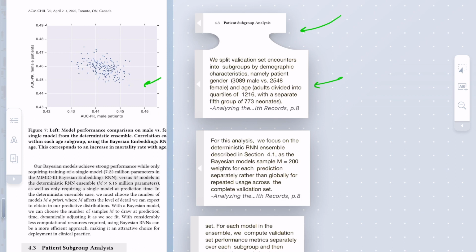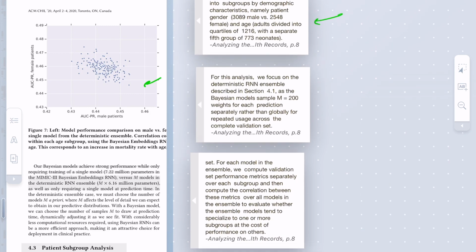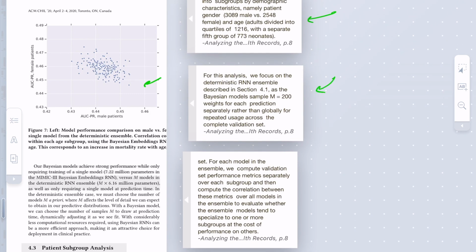So it kind of means that models decide to compromise the accuracy on one of them in order to boost the performance on the other. And they focus on the RNN ensemble here. So the reason why is that they want something that exhibits the same global behavior and not sampling 200 weights for each prediction, each example separately.